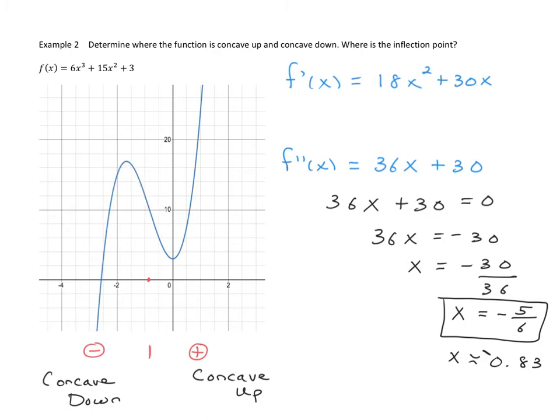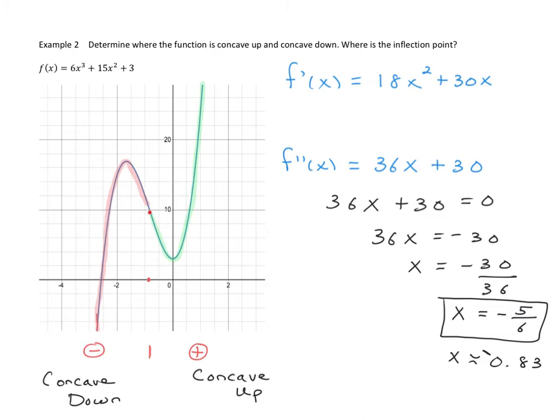So I'm going to highlight that. This is where the graph is concave down until we get to right about there. And then, over here, the graph is concave up. And that connects to where the second derivative is either negative or positive.